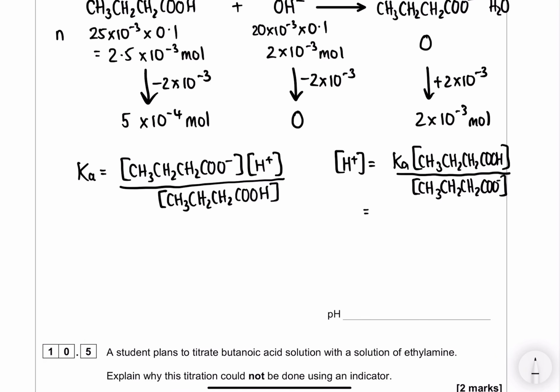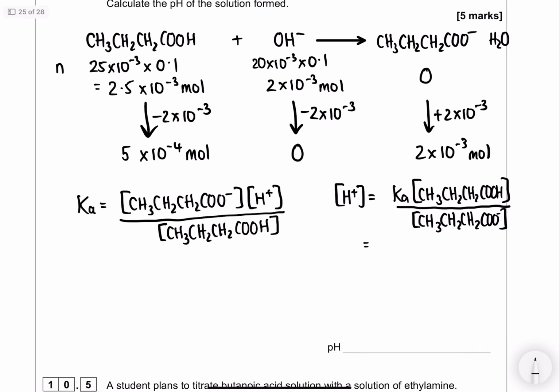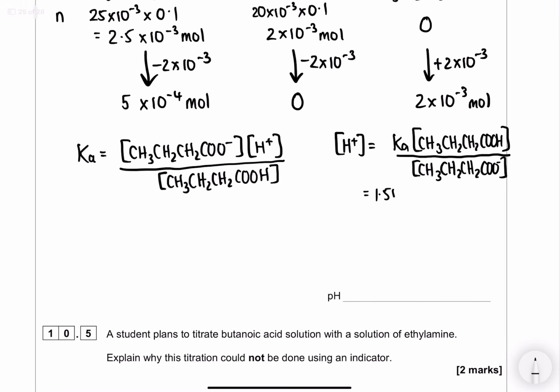Now, we've got moles and these are concentrations, but something interesting happens if you watch. The Ka is 1.51 times 10 to the minus 5. Our HA value is 5 times 10 to the minus 4. So even if I divided by the volume, which is 45 centimetres cubed now, and then on the bottom line I'm going to put the 2 times 10 to the minus 3, it's got the same volume.